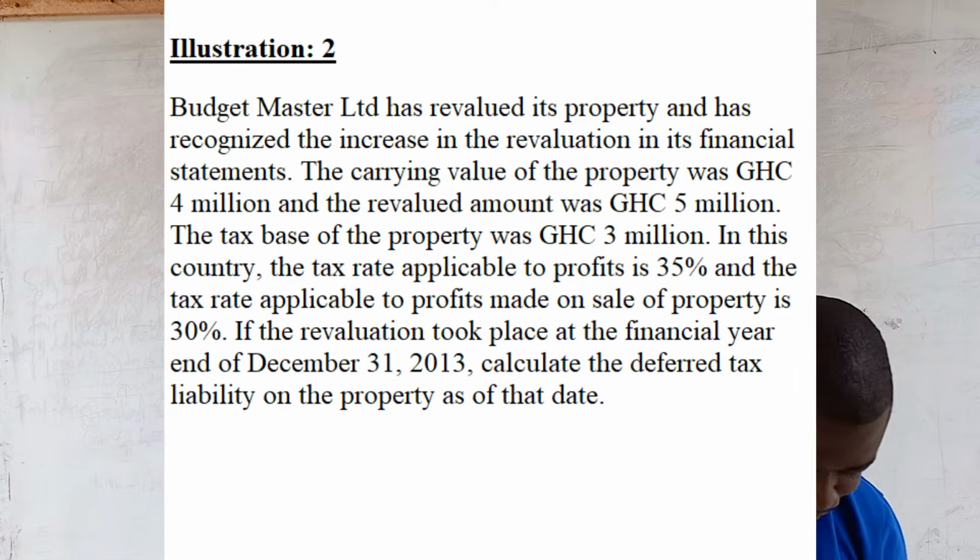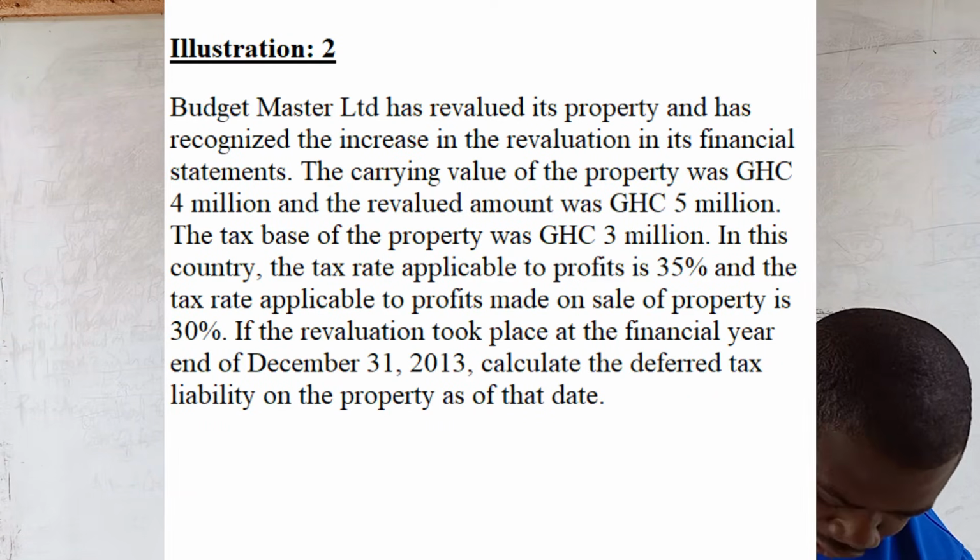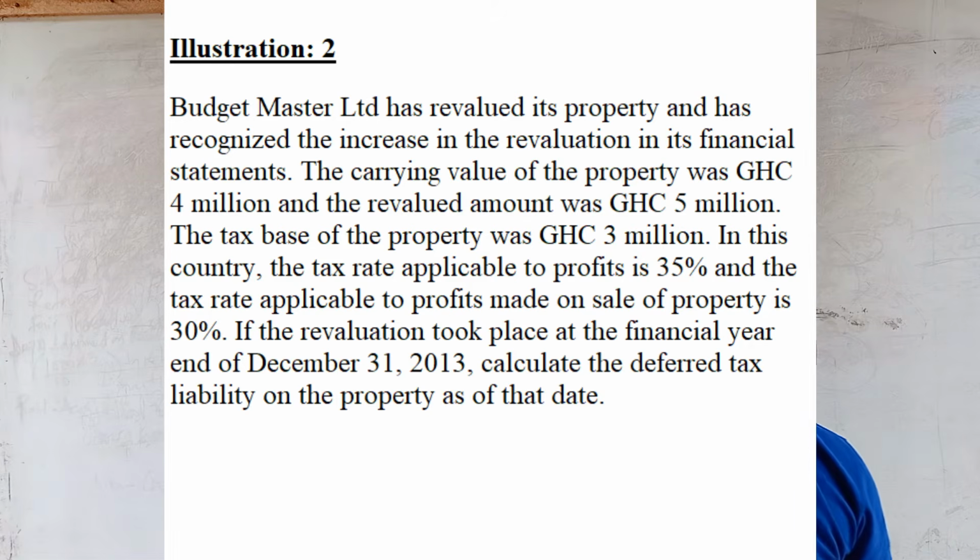We are told that in this country, the tax rate applicable to profit is 35%, and the tax rate applicable to profit made on the sale of property is 30%. If the revaluation took place at the financial year end, calculate the deferred tax liability. All right, so we are given two rates.